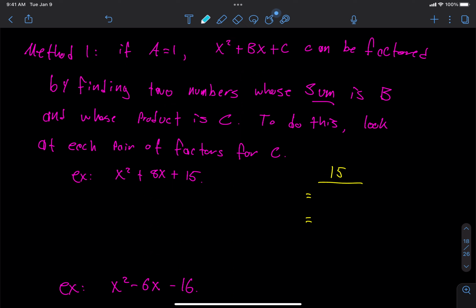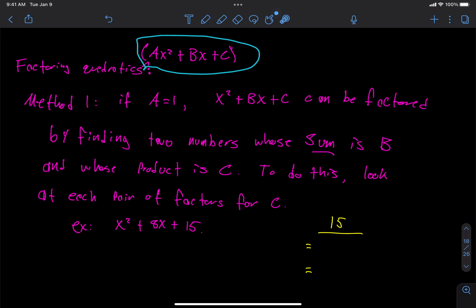I like this method the best when a is equal to 1. So what does that mean for our form? If a is equal to 1, then this would be 1 times x squared, so I would get just x squared plus bx plus c.